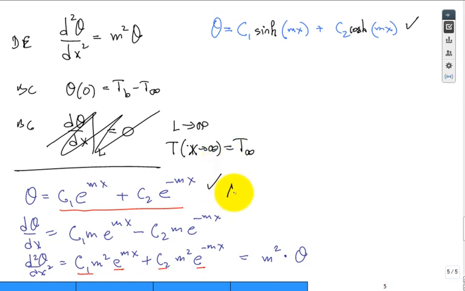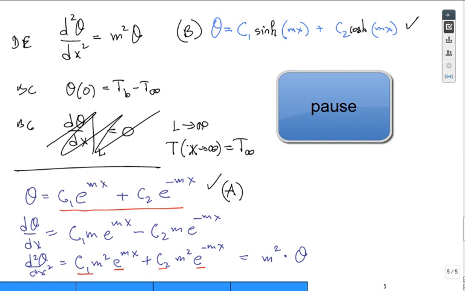Then I'll let you guess. Do you think A or B is the better version to use if you have an infinitely long fin? Would you want to use sinh and cosh, or would you want to use the e to the mx and e to the minus mx?